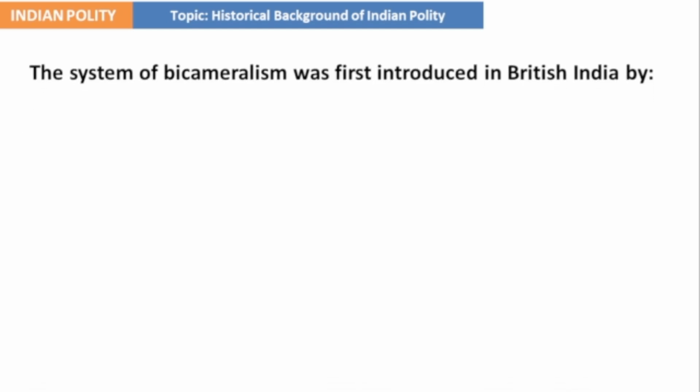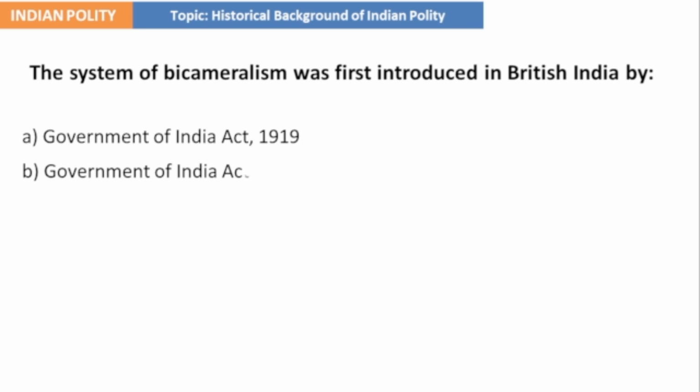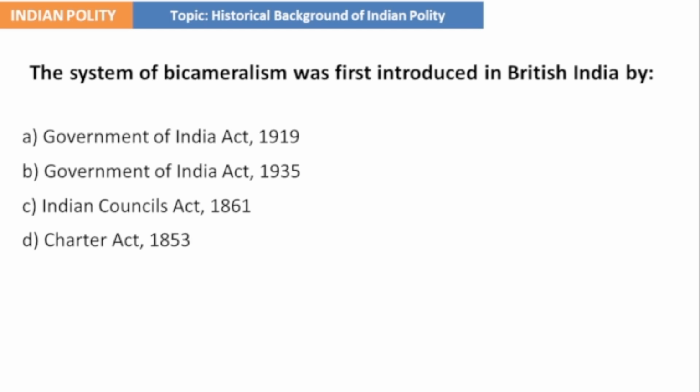The system of bicameralism was first introduced in British India by. Right answer is option A, Government of India Act 1919.